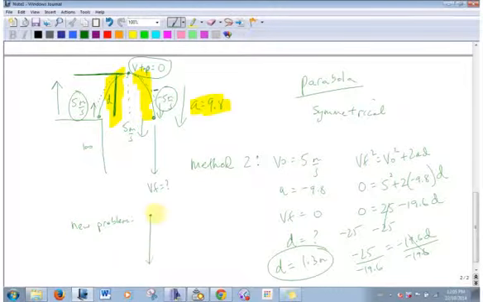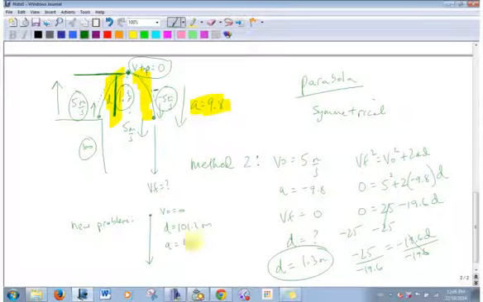This thing's falling from the top. What's the total distance it's going? This is 1.3. This is 100. So I want 100 plus 1.3. That's how far it's falling now from free fall. It's the same problem, isn't it? Only now it's up here.